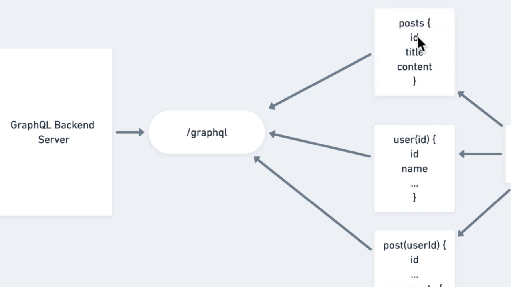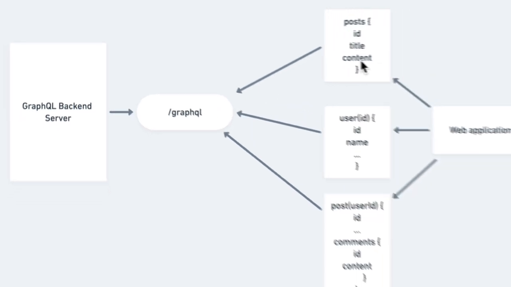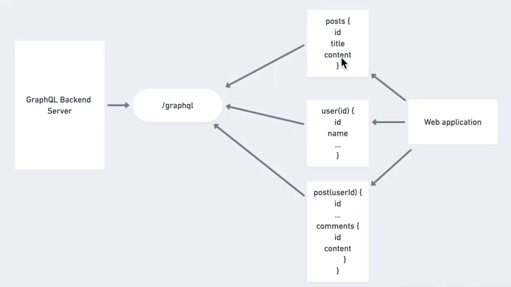If we didn't want the title field, we just remove it from this object and we pass that. And then the server, if successful and authorizes us to receive this information, will send us back an array of these posts where each of those post data individually only have the ID and the content variables on them.